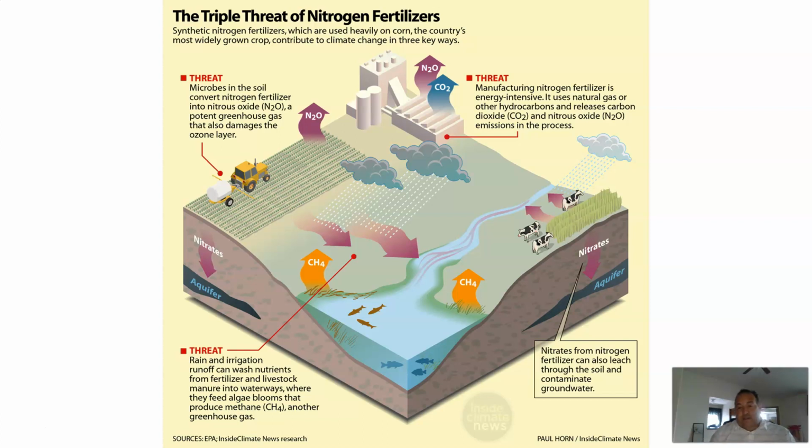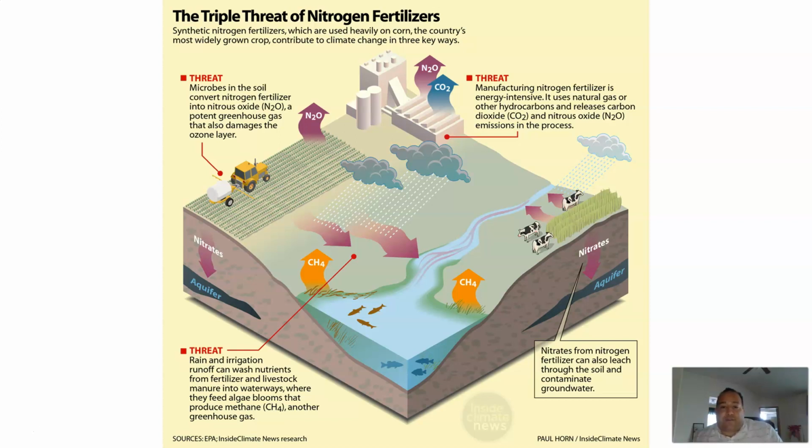So one of the other things to discuss and really make sure we understand with our soils is that our fertilizers in our soils can be problematic. So we talked about the idea of leaching and possibly getting into the groundwater. Another threat is that rain and irrigation can run off and end up in our waters, and that can lead to things like eutrophication, where you get algal blooms with the summer heat.